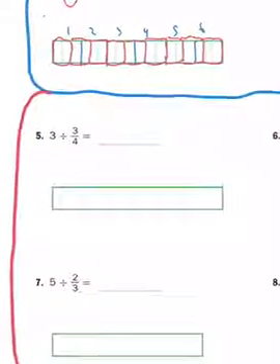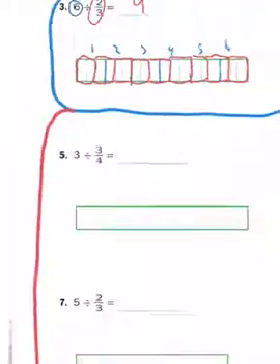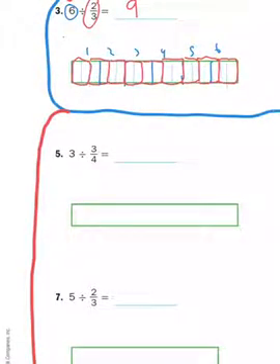So in number 5, I have 3 wholes. First, let me get those wholes ready. And each whole is split into fourths. So let me get a skinny line here. I'm going to split each one into fourths. And the question is, if I do 3 divided by 3/4, how many 3/4 can I get out of it?